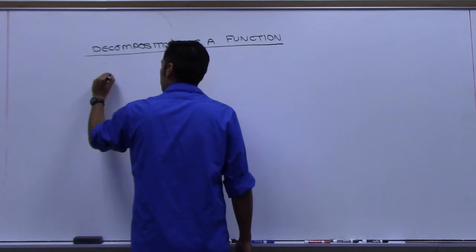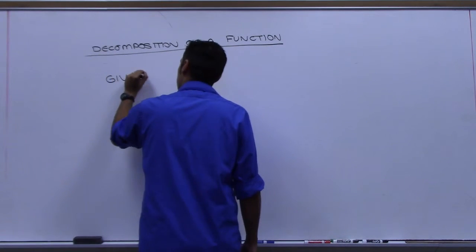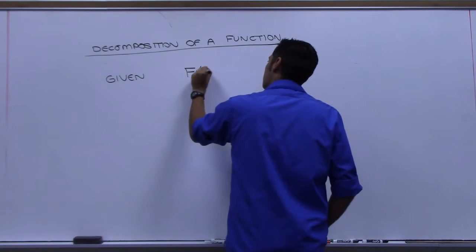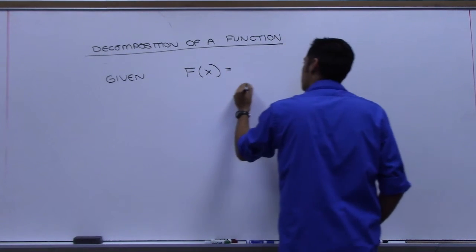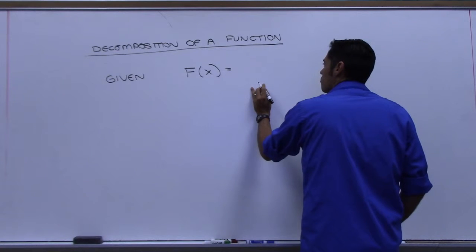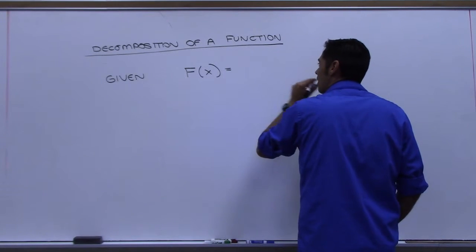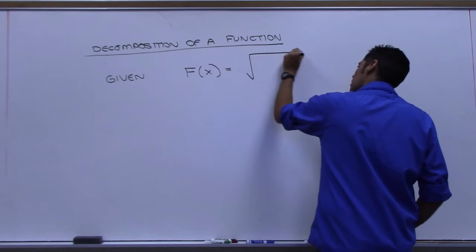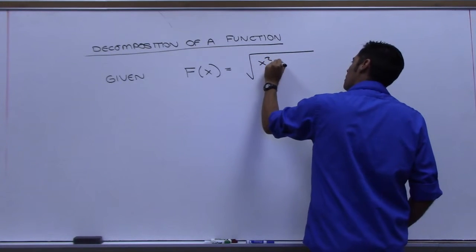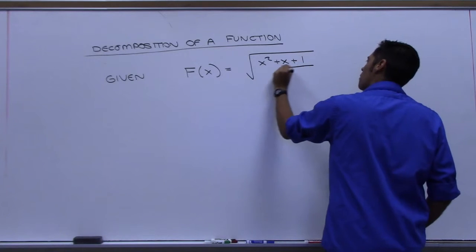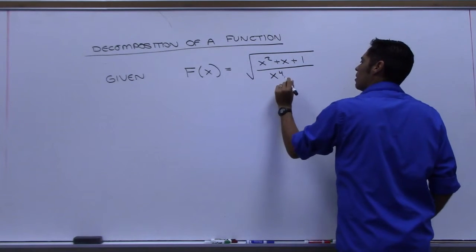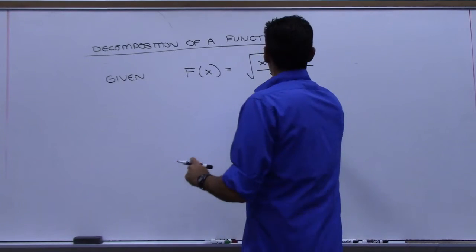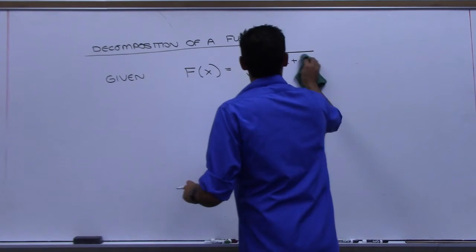Let's say we're given a function like this. I'll call it capital F of x instead of little f equals square root of x squared plus x plus 1 over x to the 4th. You know what? Hold on. I think that's a little too much right now. Let's just do this.